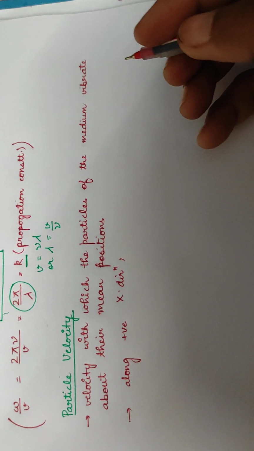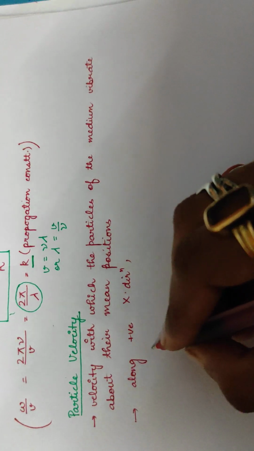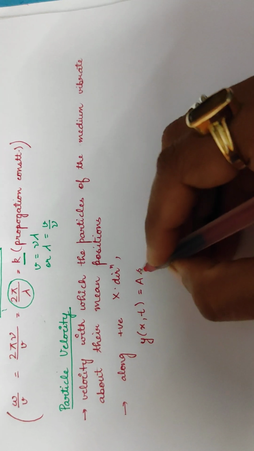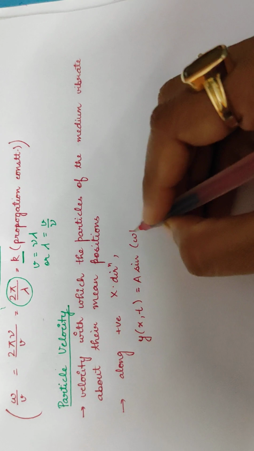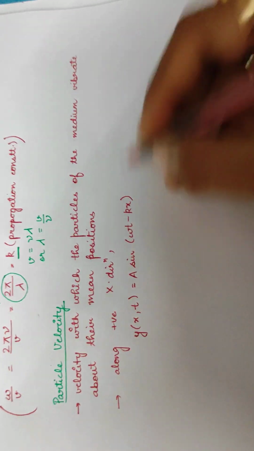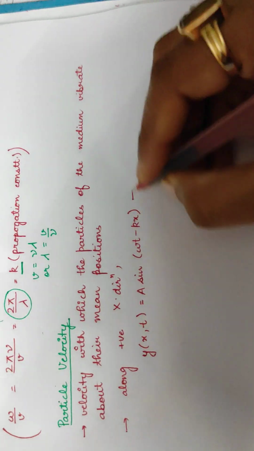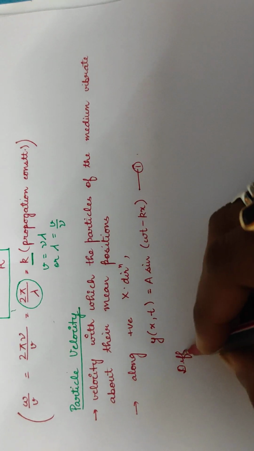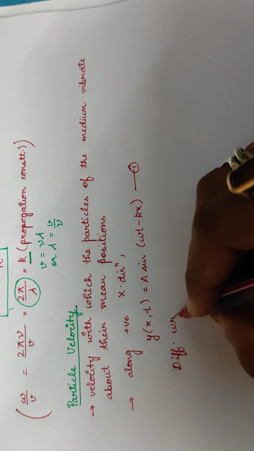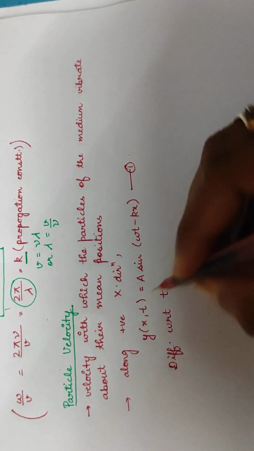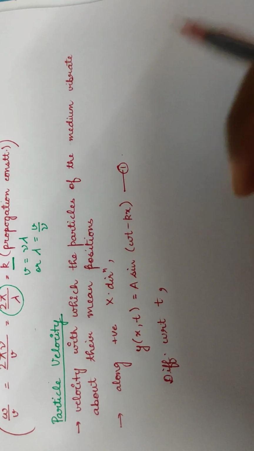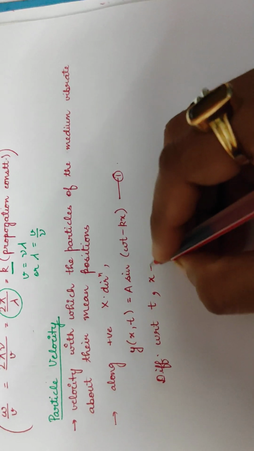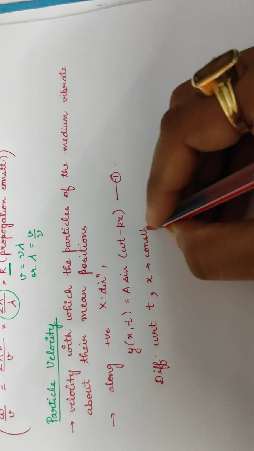You have seen in the plane progressive harmonic wave that y(x, t) is equal to a sine omega t minus kx. Take it as equation number 1 and differentiate this equation with respect to t. We can also differentiate this equation with respect to x, but we will do it later on to see what we get. And here x is constant.